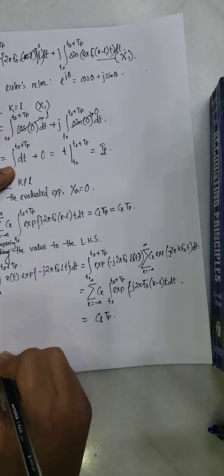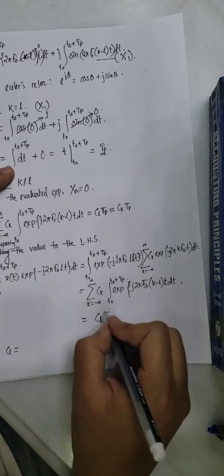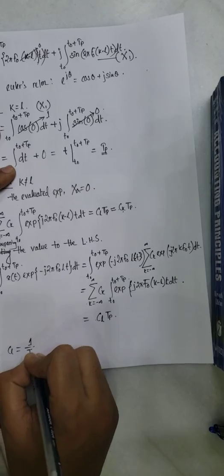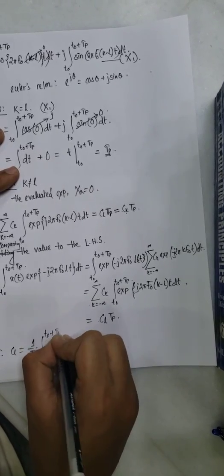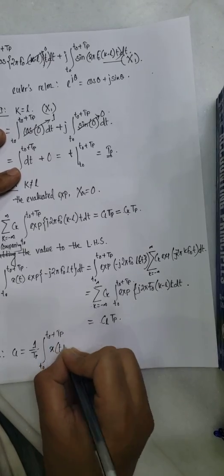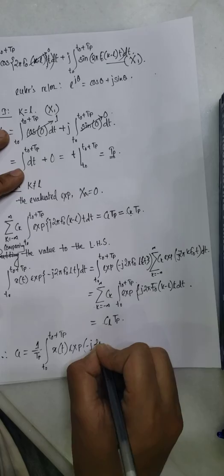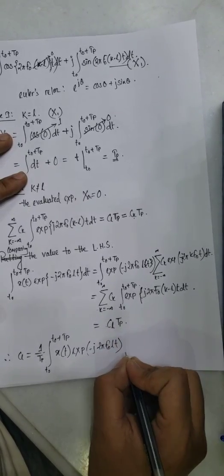That is, CL will become, if you divide both sides of this equation by Tp, 1 over Tp, the integral from t naught to t naught plus Tp of x of t e to the power minus j 2 pi f naught L t dt.